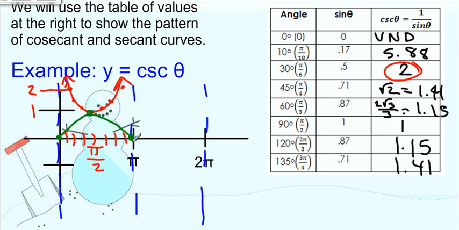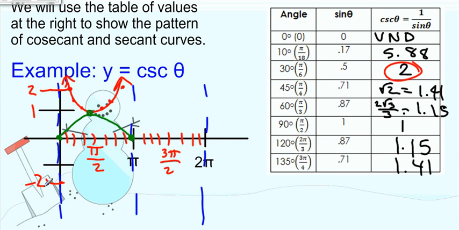cosecant function. Okay? Now, after pi, right, if we were to split our function up, this would be 3 pi over 2. We have our 3 lines in the middle. Okay? Those are going to become negative values, right? Because sine is now negative in quadrants 3 and 4. So we're going to take the values we had up here, and we're going to just flip them down to the bottom. So I'm going to draw a negative 2 down in here.